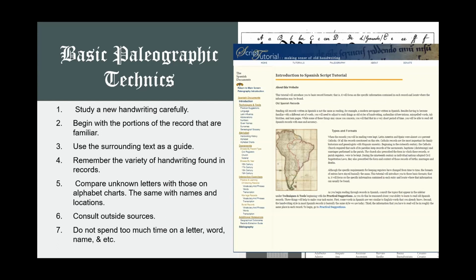However, when working with old documents, it's important to look at the text not as individual letters or individual words, but more holistically, as a whole entity. If you don't understand what a letter or a word is, just mark down your best guess and continue on. Very often you'll see something later in the text that clarifies what you didn't understand.